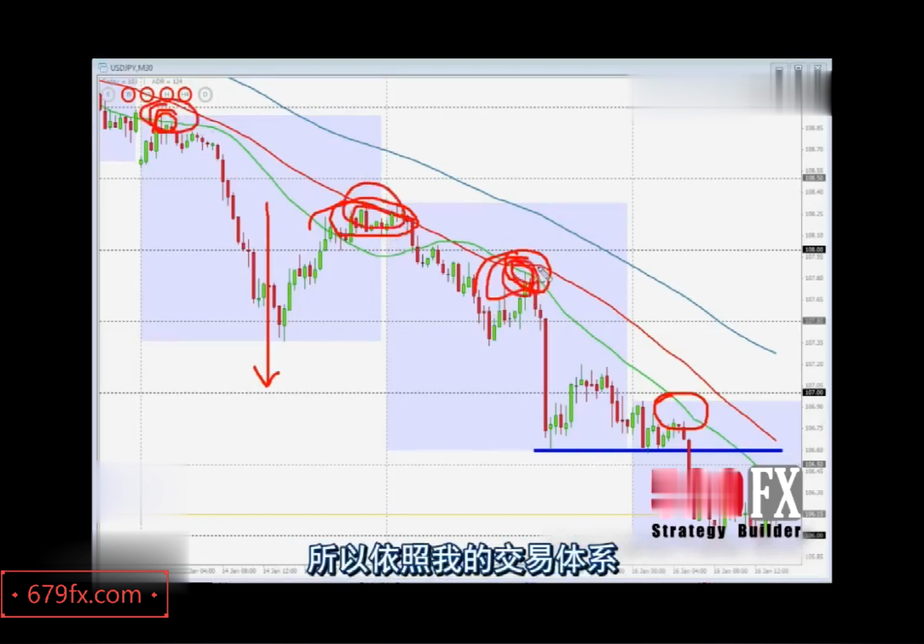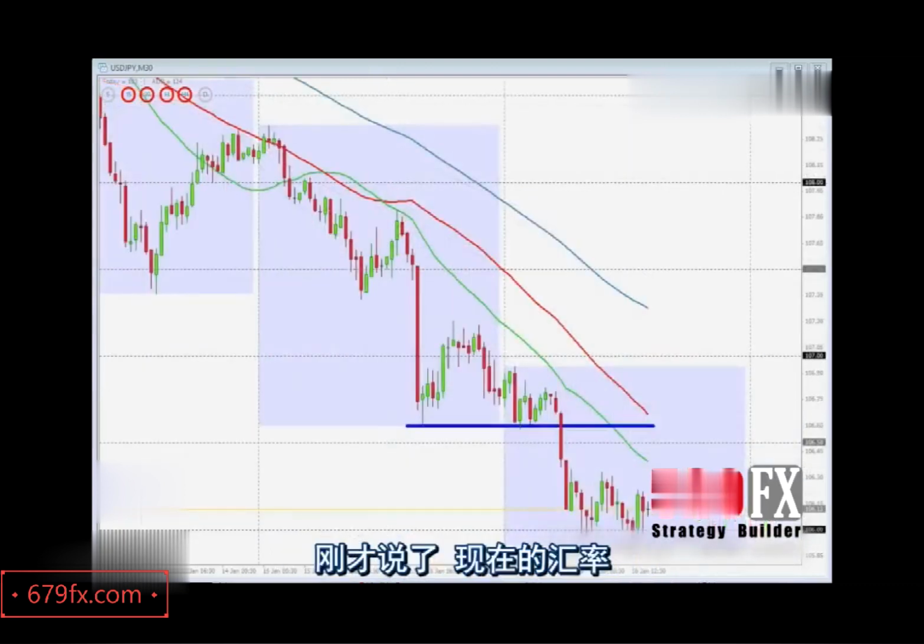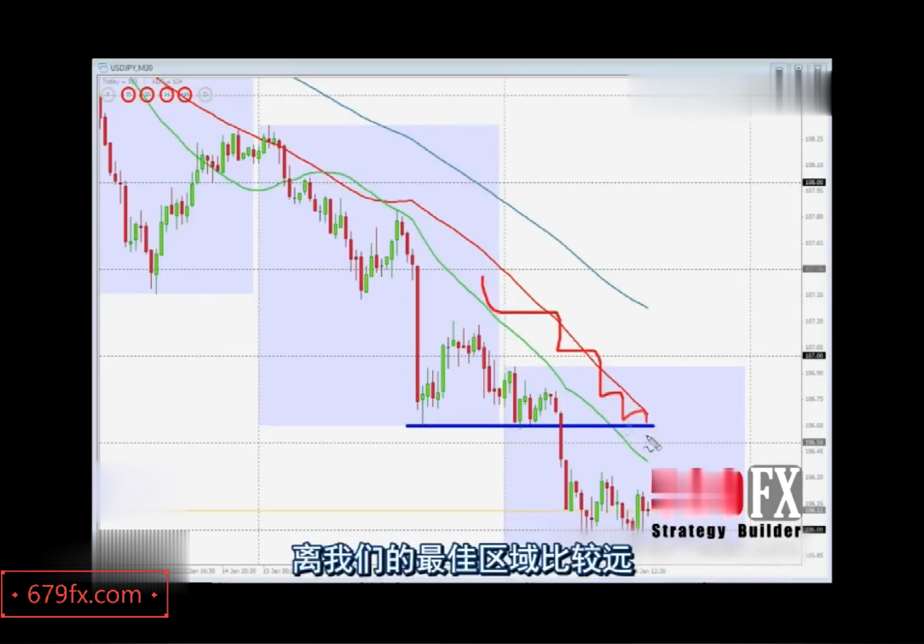Like I say, as far as my system goes, the dynamic area of resistance is the optimum level to search for an entry. Right now, like I'm saying, we are a little bit too far down below the dynamic area. The dynamic area is up here around 106.50, whereas current market price is 106.11.